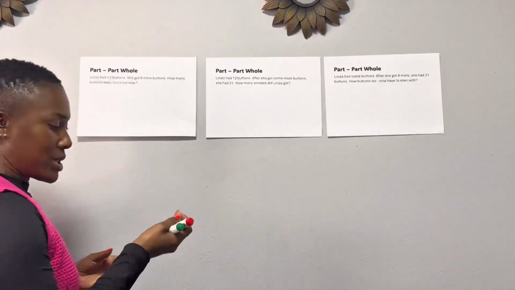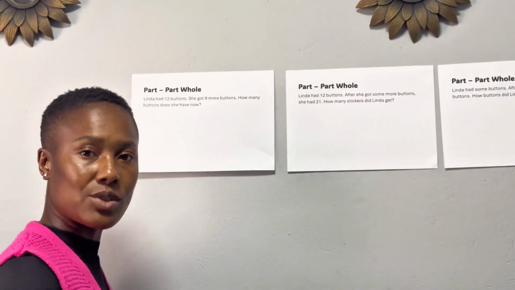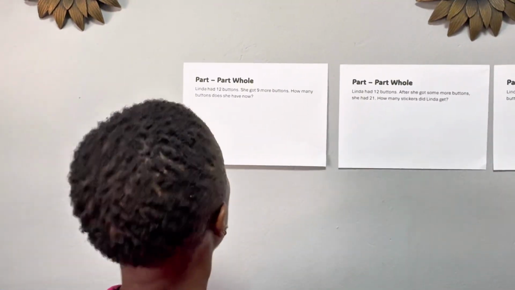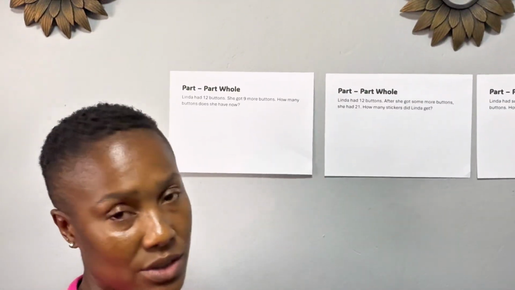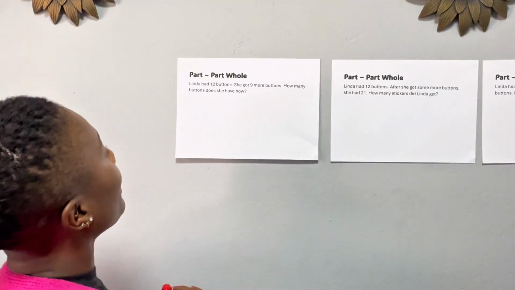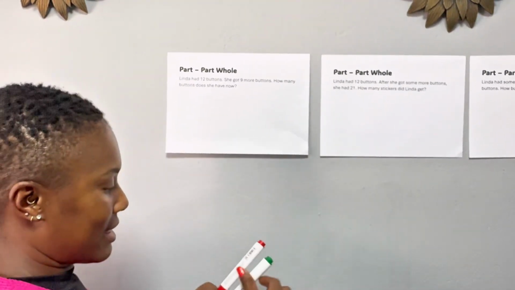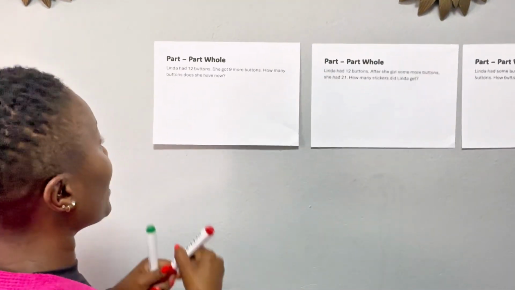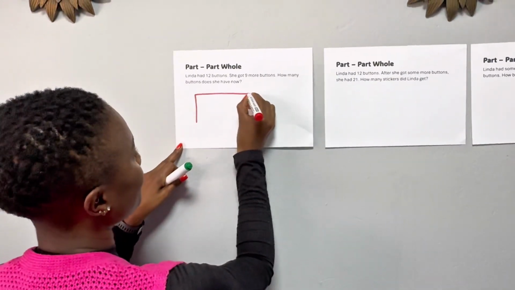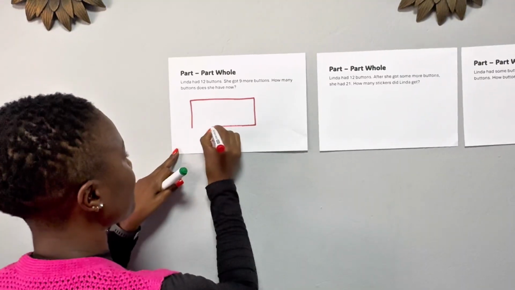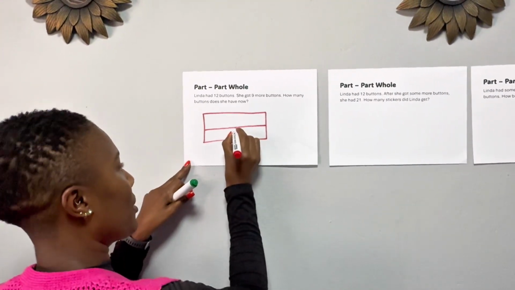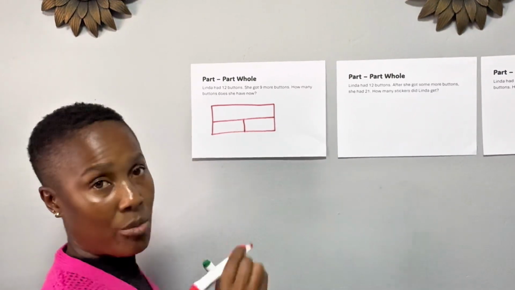We are going to read the sum together. This is an additive word sum, but we are going to solve it using a part whole. The structure for the part whole is as follows. It's a box with two parts.